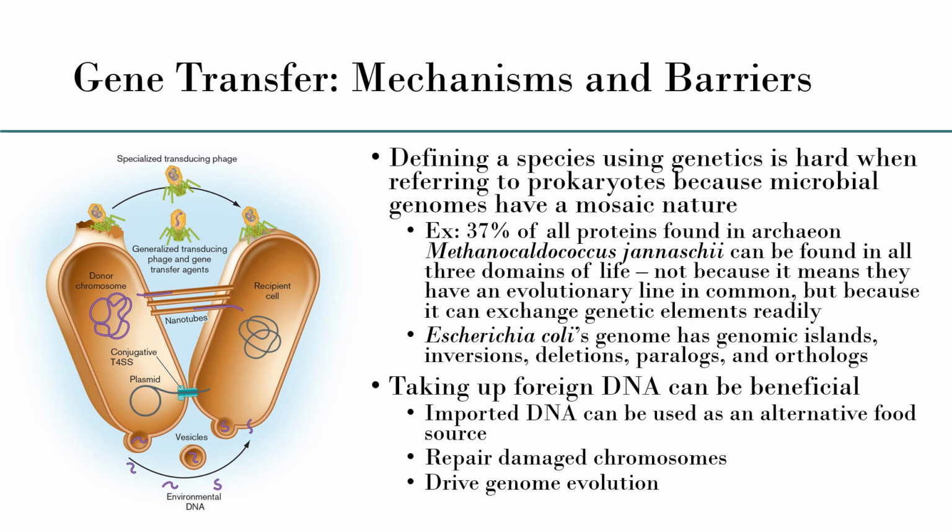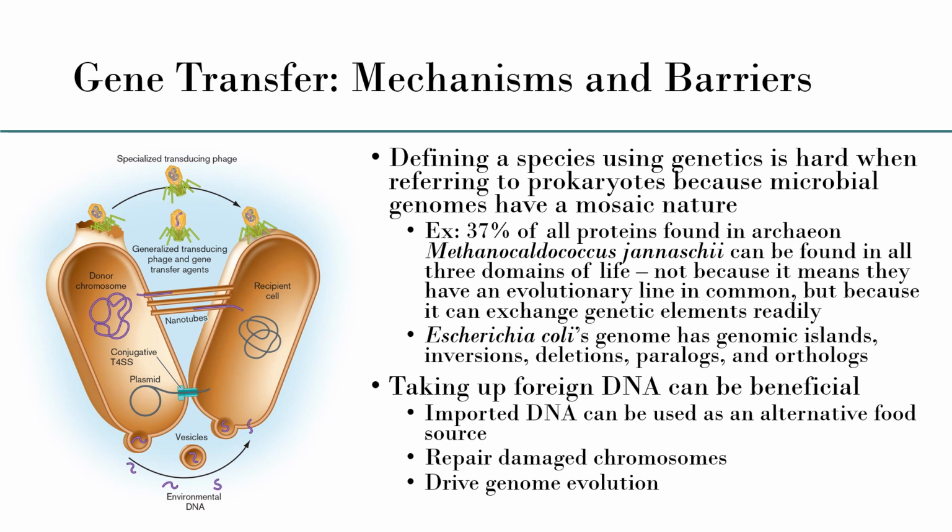When we are looking at bacteria and archaea, it's very hard sometimes to say you're part of species A and you are part of species B. Oftentimes, even using DNA, it's hard to tell them apart because they do a lot of gene transfer. They will give genetic elements to each other.